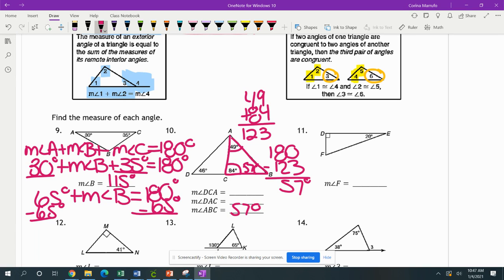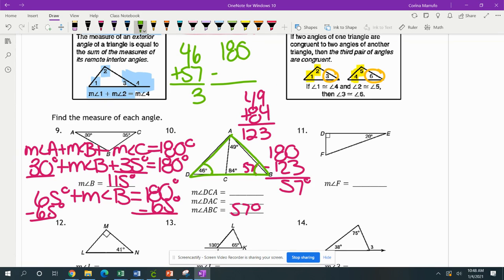Now we are going to look at the bigger triangle. So we're going to look at the whole thing here. I know this one's 46. I know this one's 57. So I'm going to do 46 plus 57, and whatever I get from here, I subtract from 180 because the three angles should add up to 180. So 46, let's see, 6 plus 7 is 13, 103.